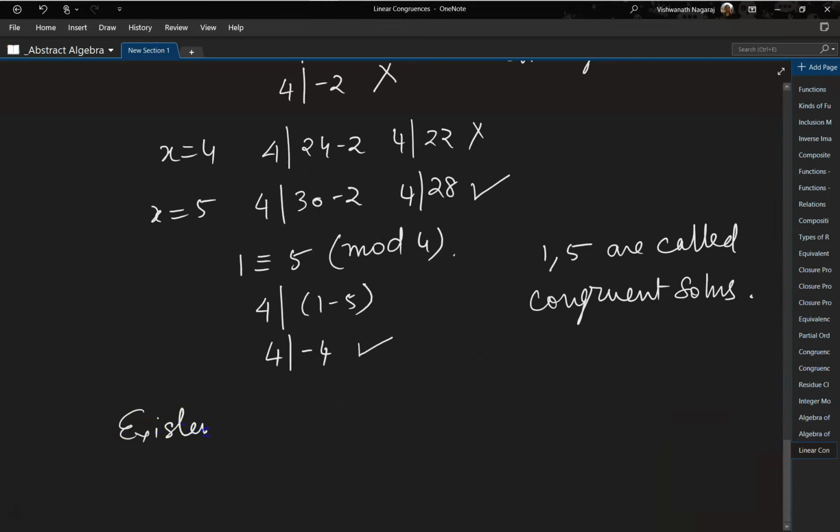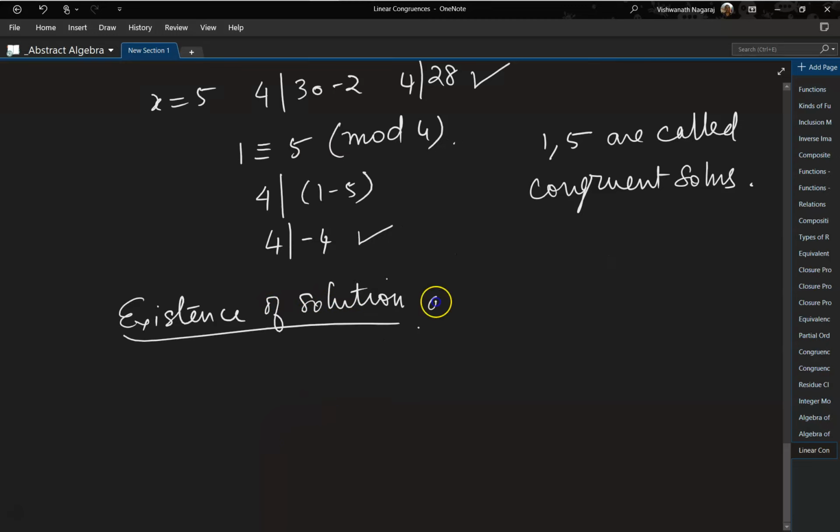Now let's look at the existence. Is there any condition by which we can say that a solution exists of AX is congruent to B mod M? Okay, so this is there as a theorem.